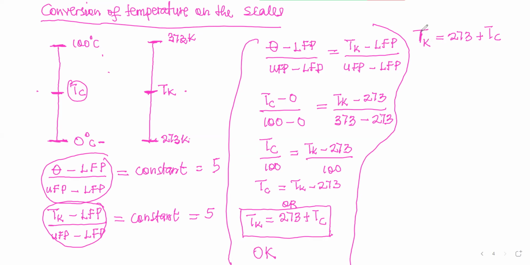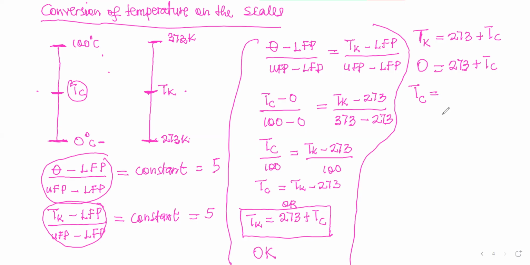So substitute whatever you are given for K. 0 is equal to 273 plus TC. Make TC the subject. What's the answer?